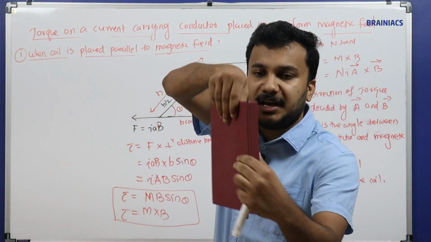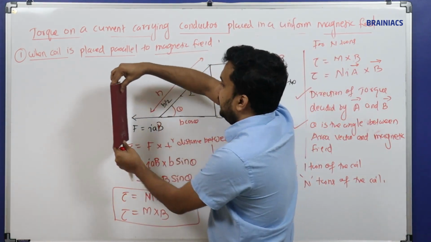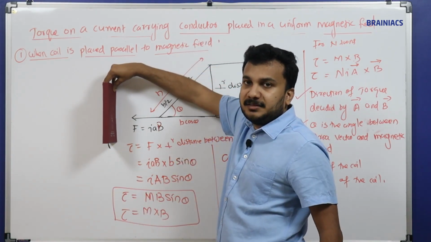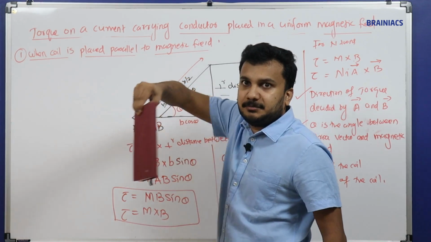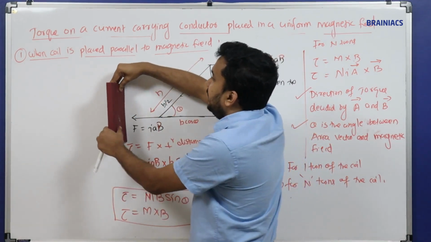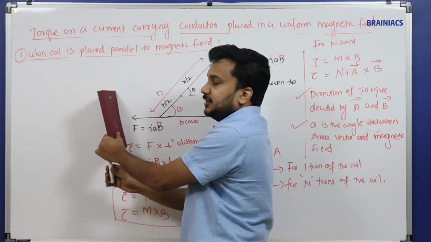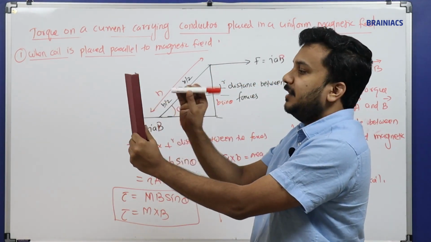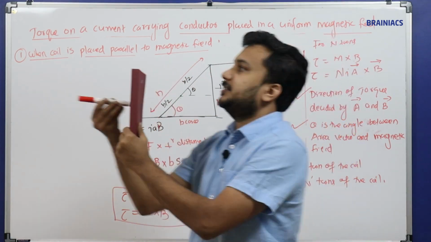So into the board means I am placing my coil in the direction of magnetic field. Because this is the direction of magnetic field, my area vector is like this. So this is the plane area for me. This is a plane area and the area vector is out here.